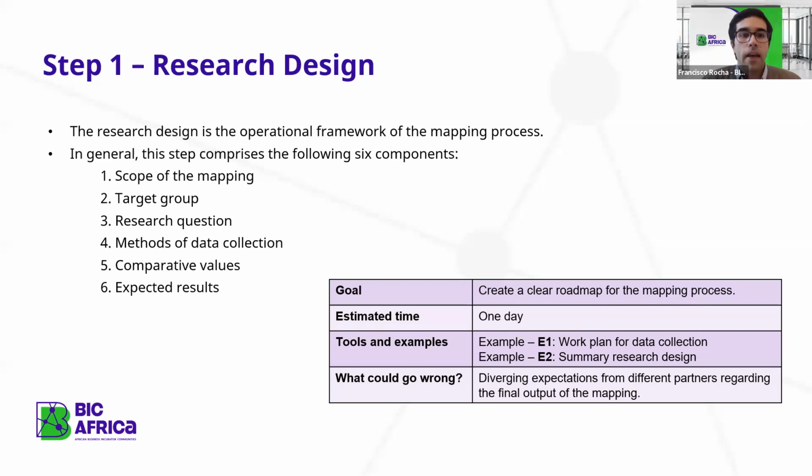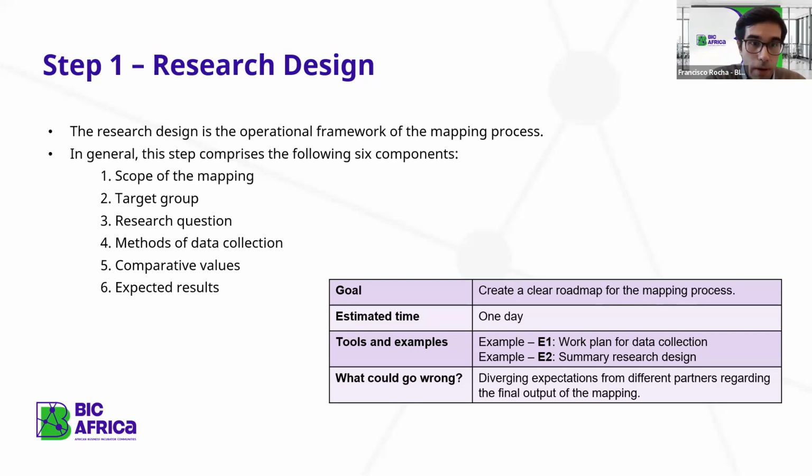Okay. This first step, basically, we are going to define our process according to 6 points. First, what is the scope of the mapping? Second, the target group. Third, what's our main research question that we want to answer? Fourth, what will be our methods of data collection that we will then use in the next step?